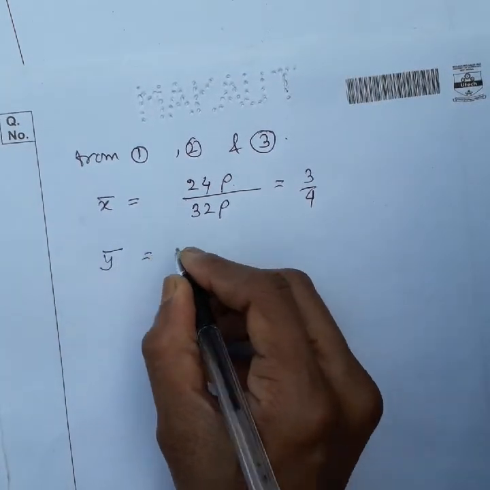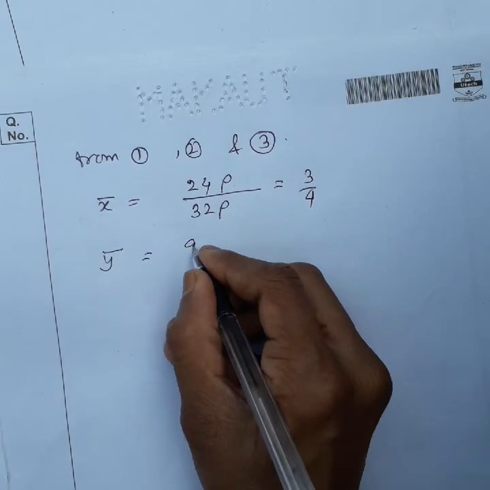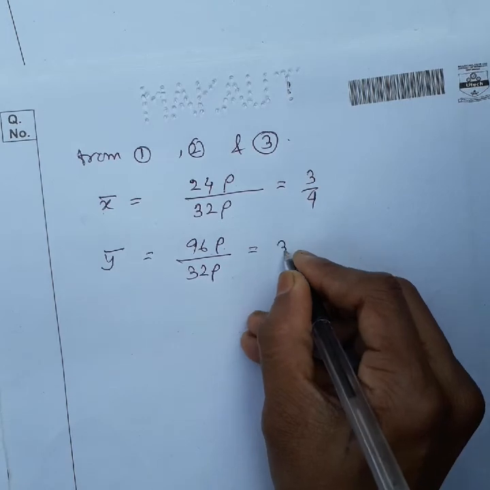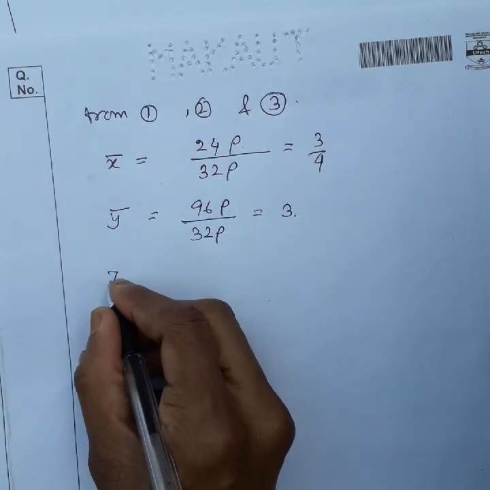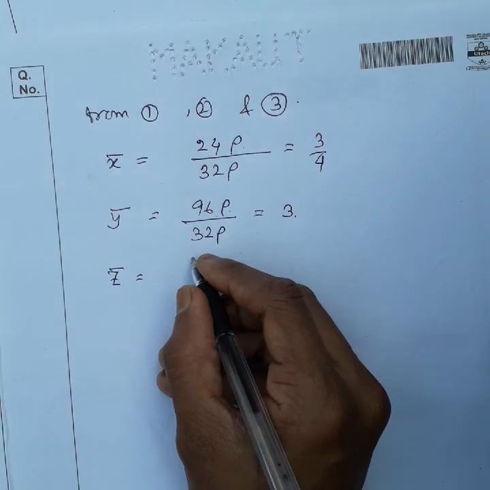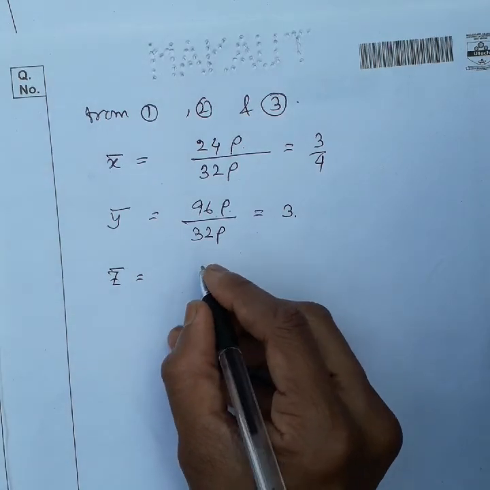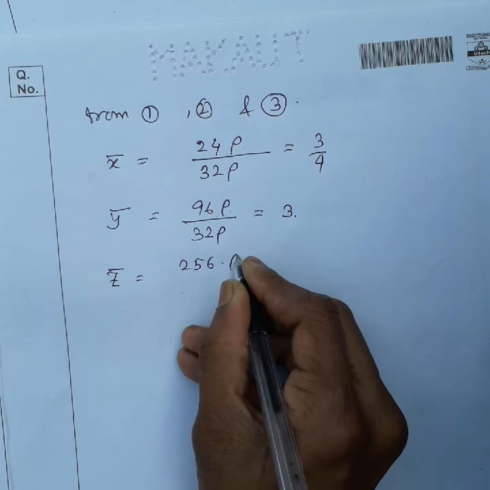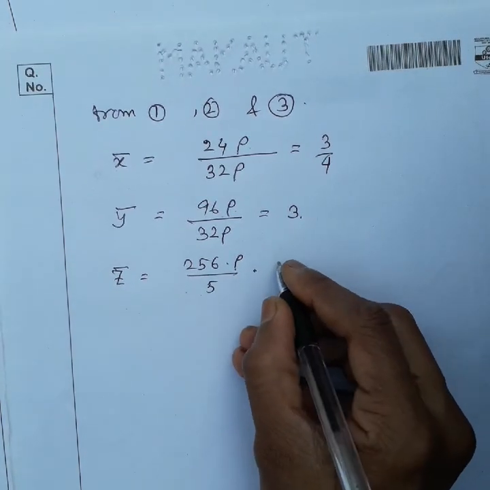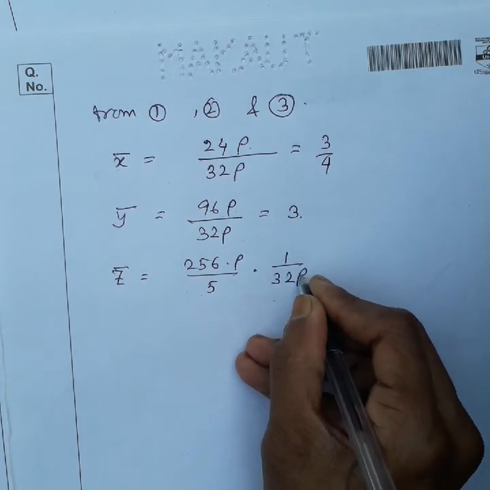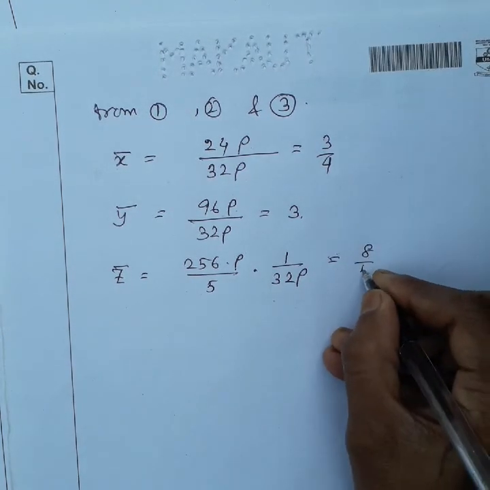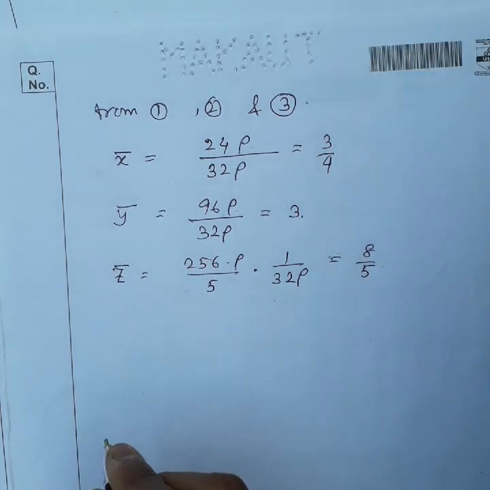Okay, and y bar is equal to 96 rho by 32 rho, that is equal to 3, and z bar is equal to 256 rho by 5 into 1 by 32 rho, that is equal to 8 by 5.